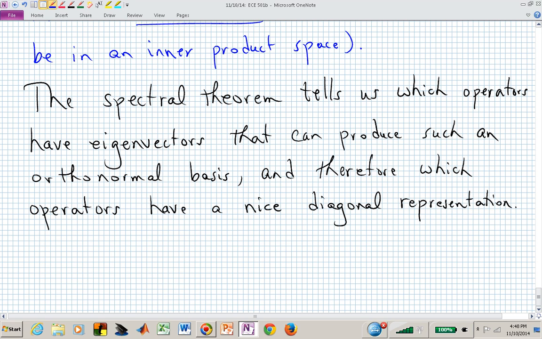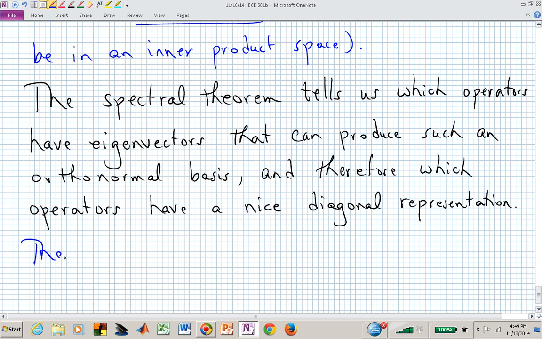Fortunately or unfortunately, it really depends on the underlying vector space that we're playing with, and so we're going to separate those two out. We'll look at the spectral theorem for complex vector spaces and the spectral theorem for real vector spaces.